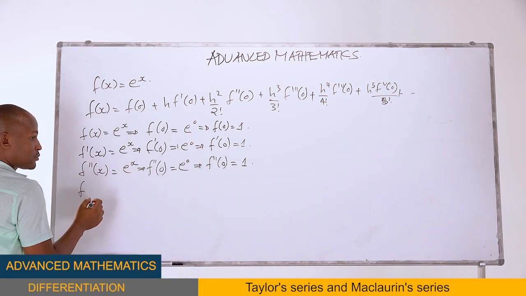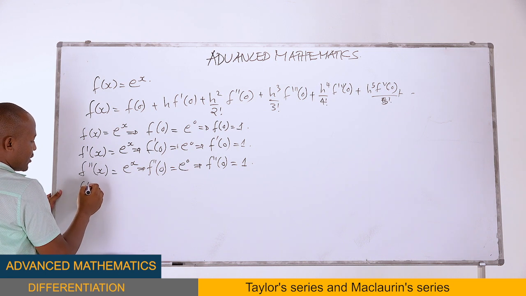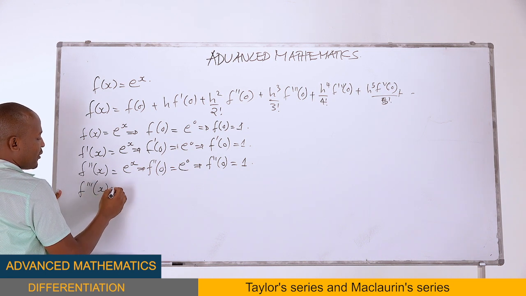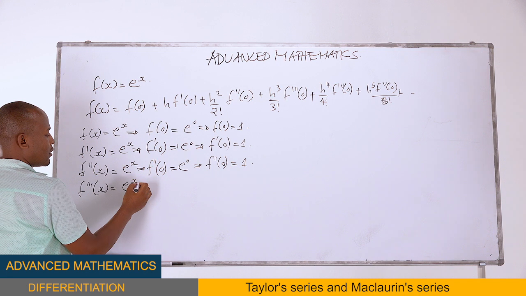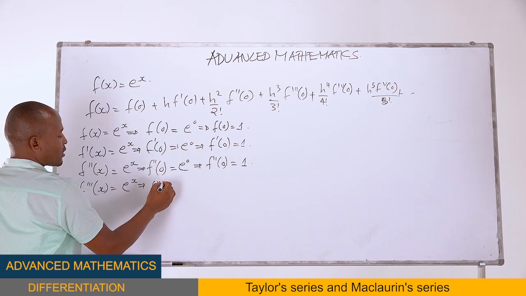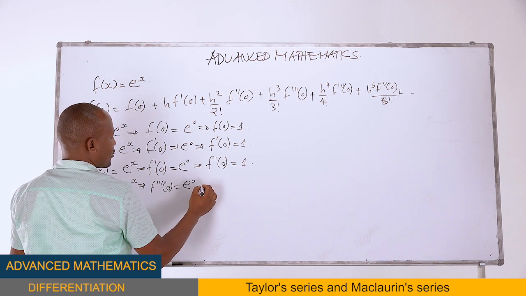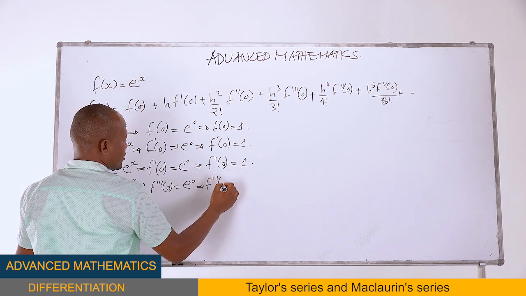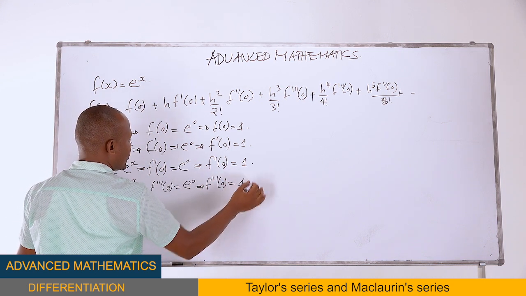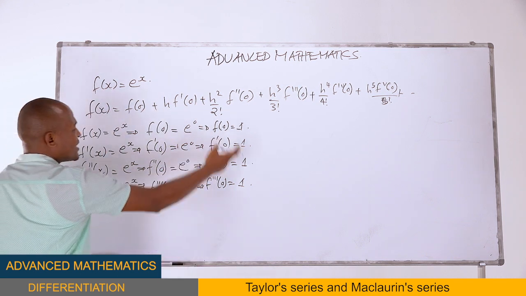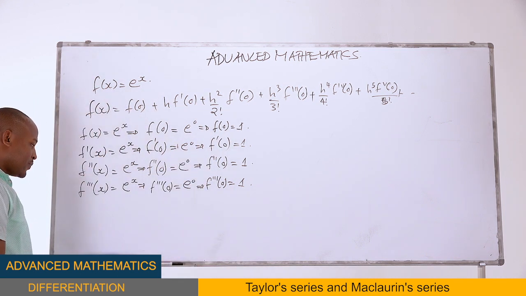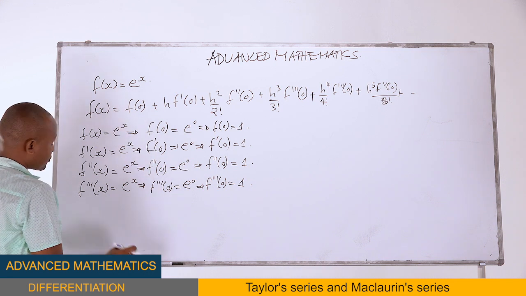And then we have the third derivative of x, the same still. So it doesn't change. I do hope you understand what I'm trying to explain here. So as you can see, they don't change. So what are we going to have?